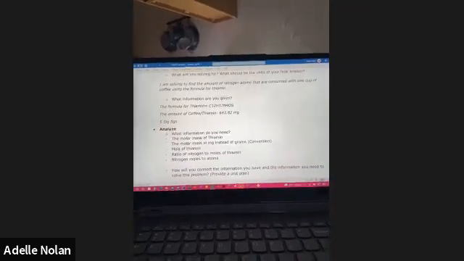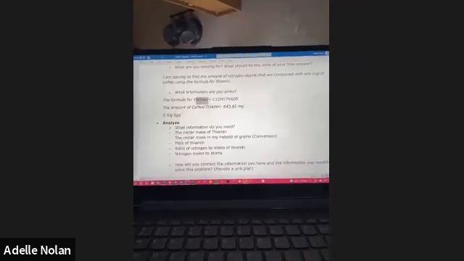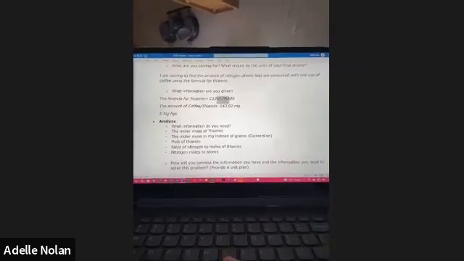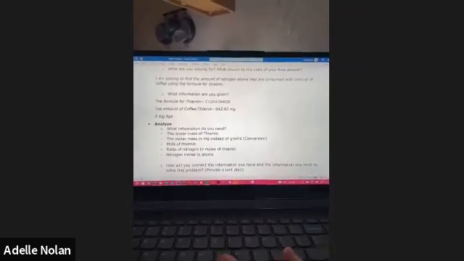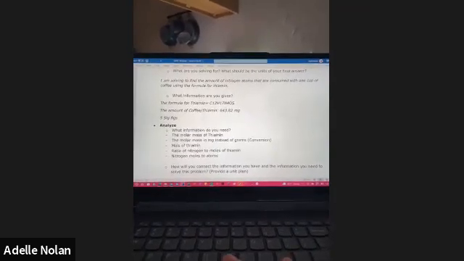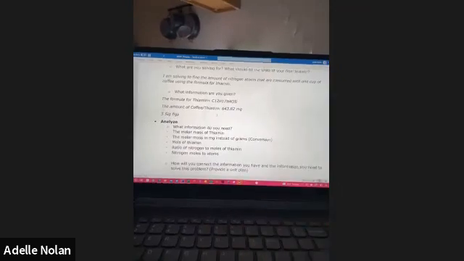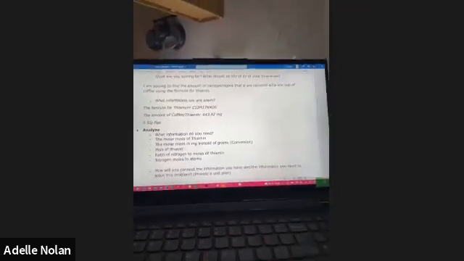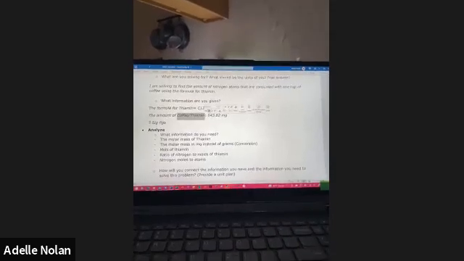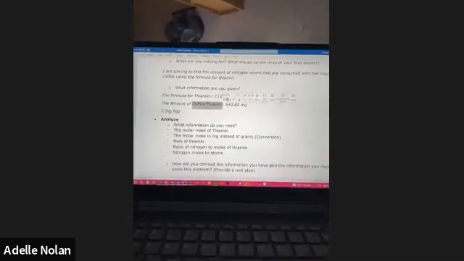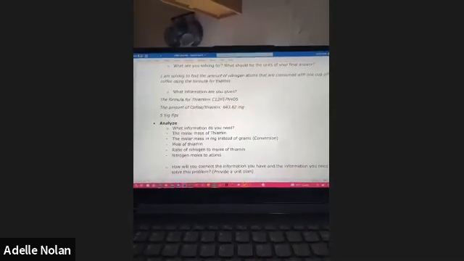So the information I'm given is the formula of thiamine, which is, as I said, carbon 12, hydrogen 17, nitrogen 4, oxygen, and sulfur. And then the amount of coffee slash thiamine is 643.82 milligrams. I did coffee slash thiamine because although it mentions that this is in 1 cup of coffee, which is the total amount, it's specifically asking us to find the nitrogen in the thiamine.